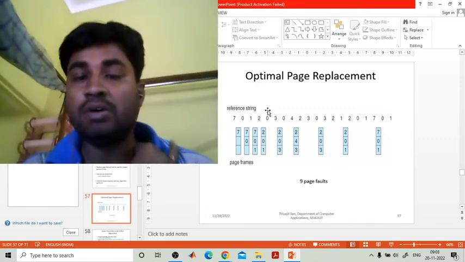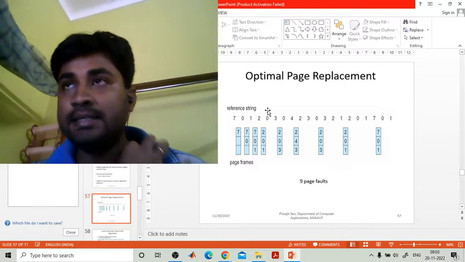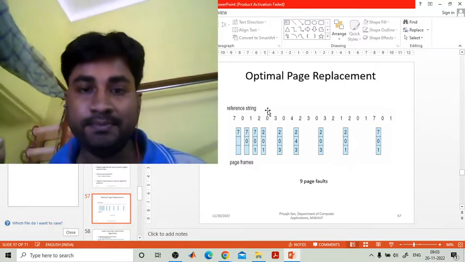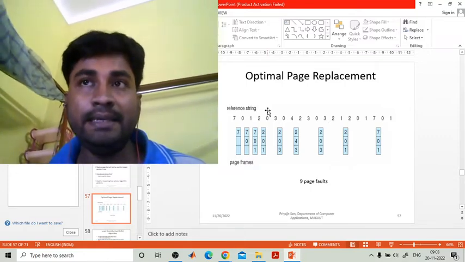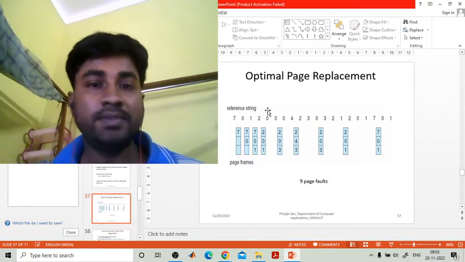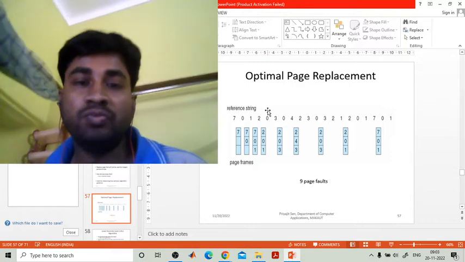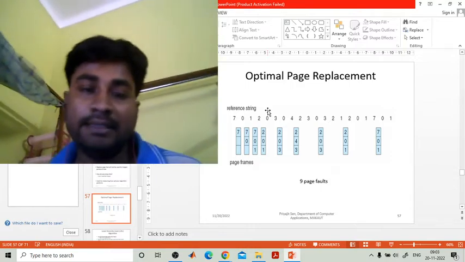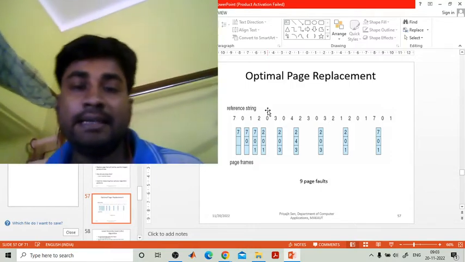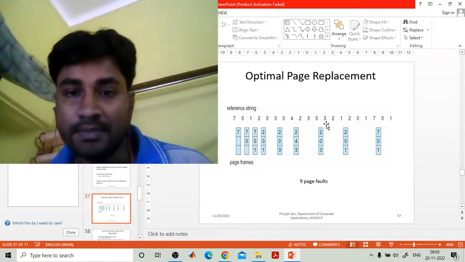The optimal algorithm tells that a page may be required later, or may not be required. So we think about the page that is not required further.